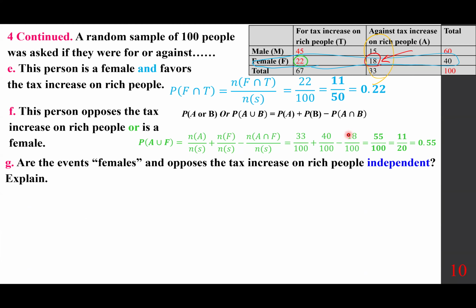Are the events females and opposes tax increase on rich people independent? Explain. So let's go over the concept. First, independency. We know the conditional probability, right?